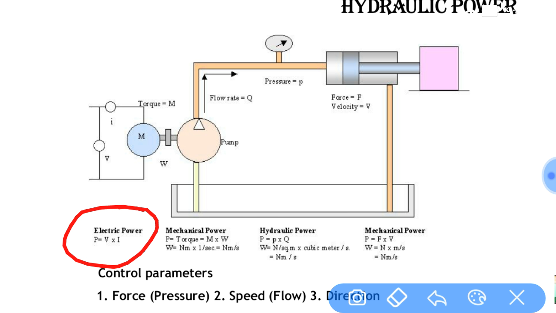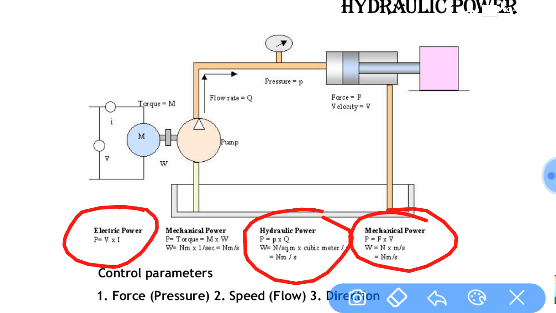In a mechanical system, in a rotational device, it is the product of torque and angular velocity. In a hydraulic system, this is the product of pressure and flow rate. In a linear mechanical system, the power is the product of force and velocity. In all the systems, the unit of power will be the same.